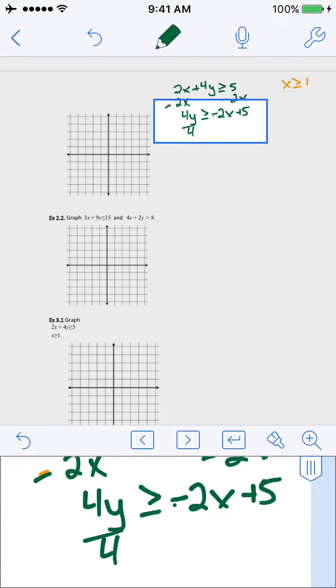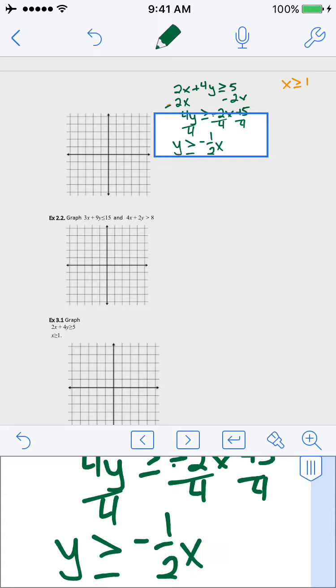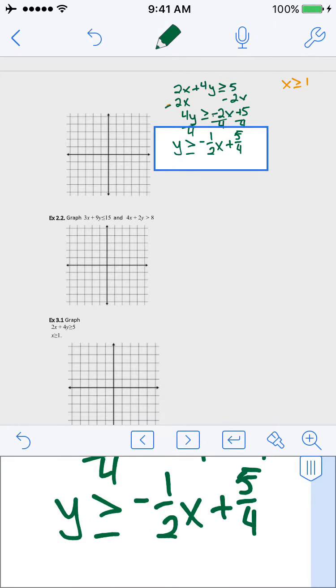Divide by 4. And we can see that y is greater than or equal to negative 1/2 x plus 5/4. Alright, so that's where we're starting.